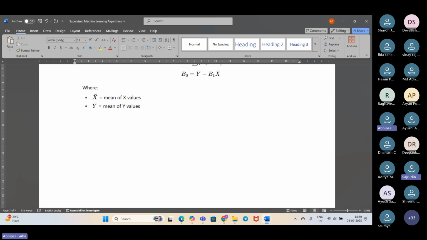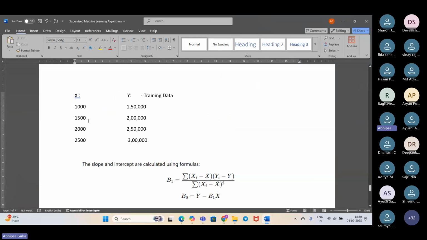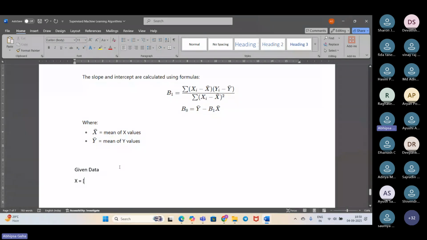So next we are given the data, right? So we'll just see what the given data is. Given data for x, we have taken into consideration 1000, 1500, 2000, and 2500. Next, we are taking the y value into consideration. So what is the y value?